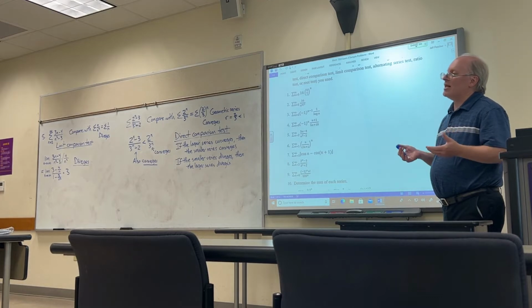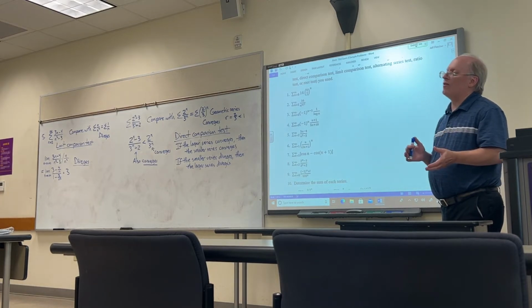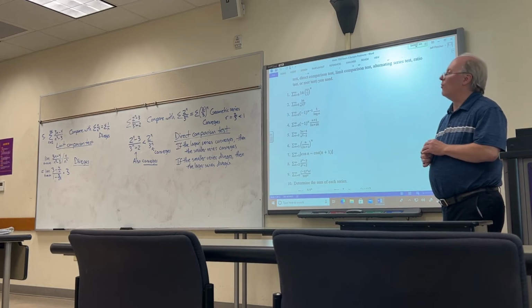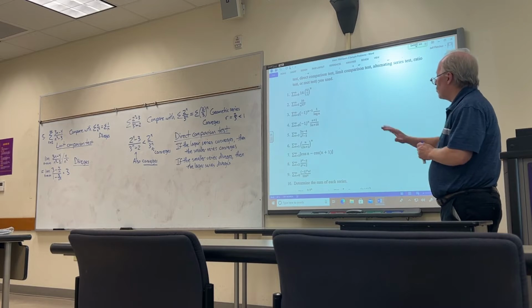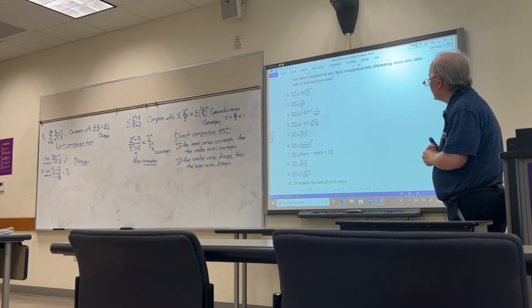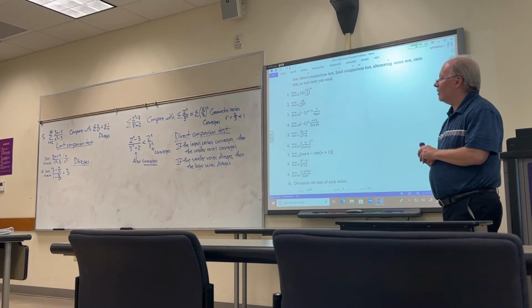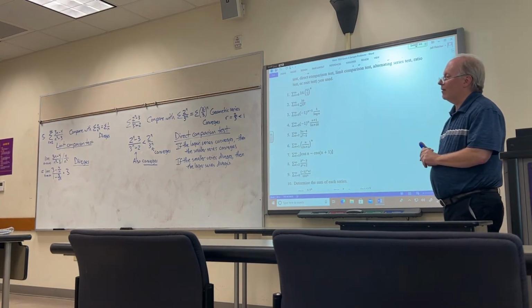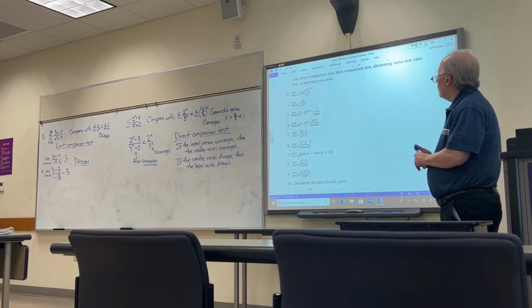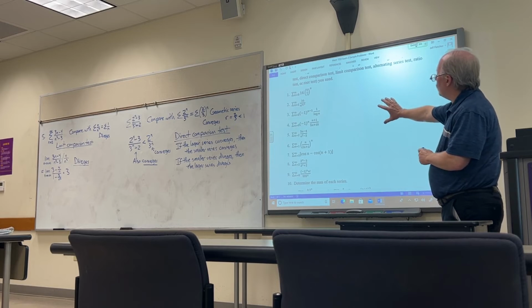Remember when you did sequences, there was the one problem involving a factorial, and it was kind of tricky to take the limit. But the ratio test works well for that. So, any other questions on 1 through 9?